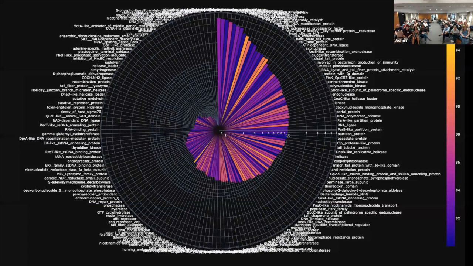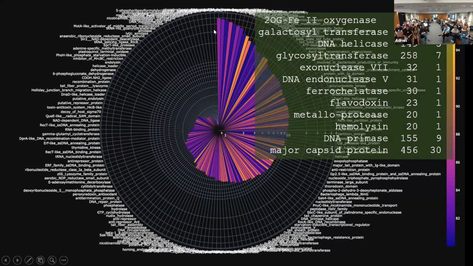Is it the same for different protein functions? Here we have a kind of Nautilus graph of all the different protein functions in phage space, sorted by how much it gets reduced from sequence clusters down to structure clusters. I can't read it here, but up here are the ones which get reduced quite heavily.